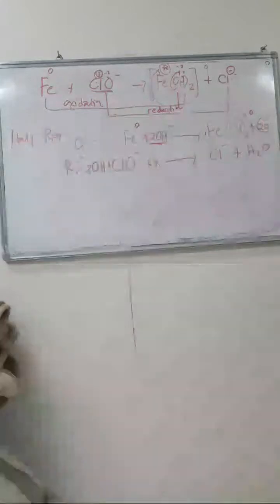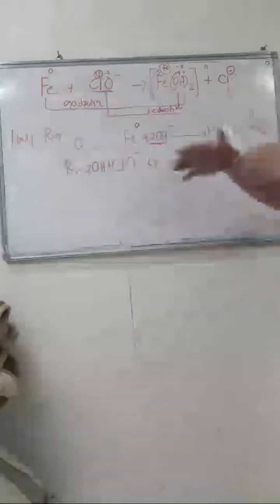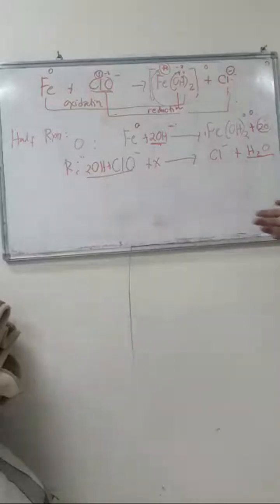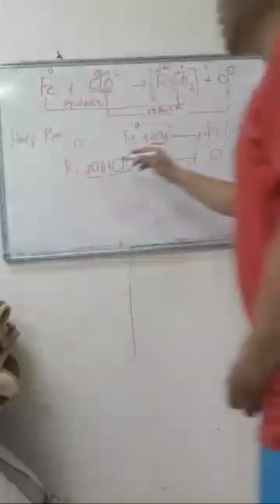So, you need to balance the atoms one by one here. For example, in this regard, we have the oxygen here, and the hydrogen is balanced. Oxygen is 3, so oxygen is not balanced.